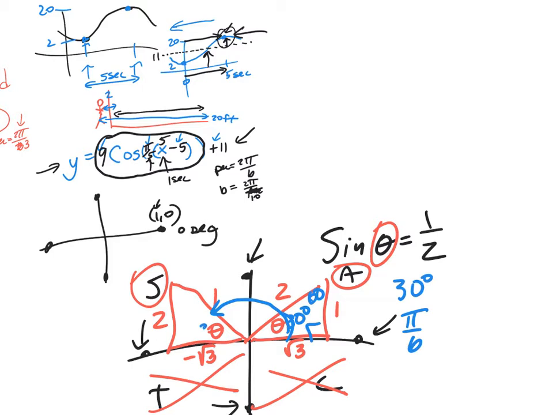Because remember, I know this is 30, but 30 degrees is located over here. So this is a bunch of 30s. How many 30s? 5 30s. Because think of it this way: all the way around to be 180, but we're 30 degrees less than that. So 150 degrees is your other answer. And I like to think of that as 5 pi over 6. So there's an example of some circle trig that you're going to have to know too. All right, that's all I've got for you for today.